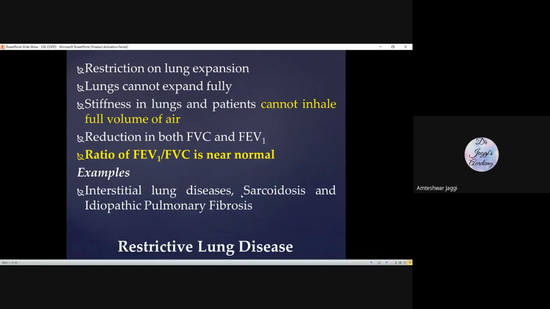They are differentiated from one another on the basis of the pathology, depending upon why it is happening and what the mechanisms are. We are not going to discuss these because there is no specific therapy to treat them. So our aim in today's lecture is COPD.